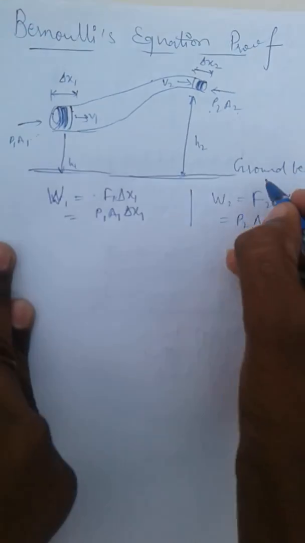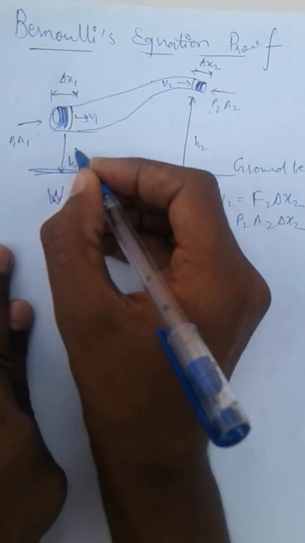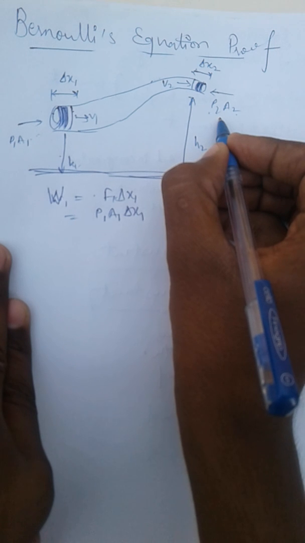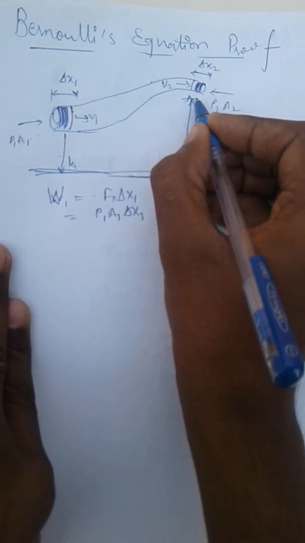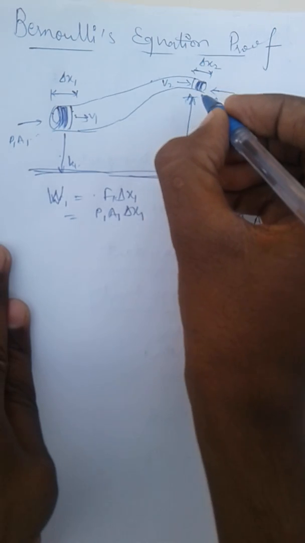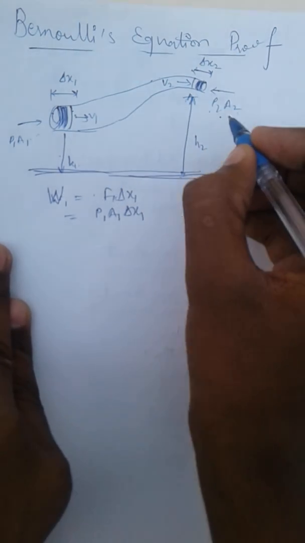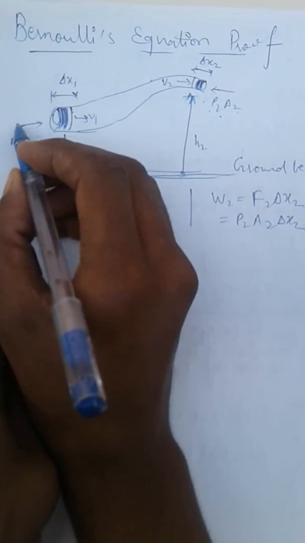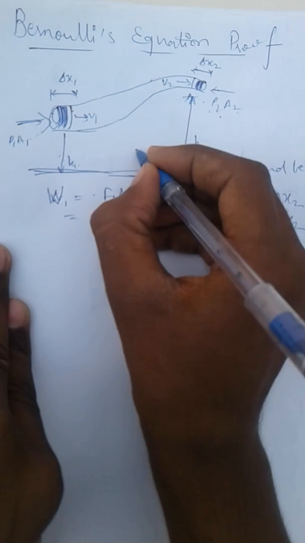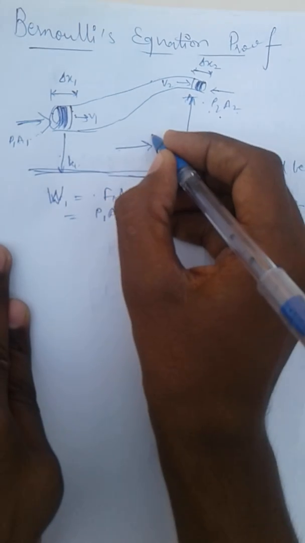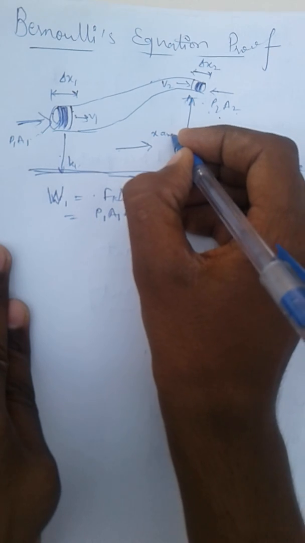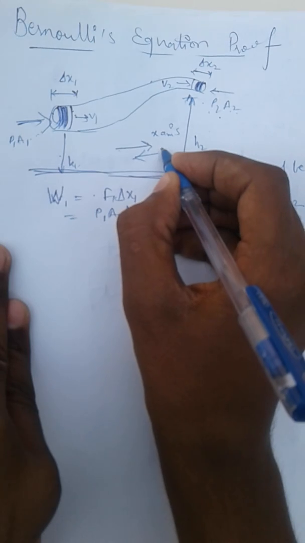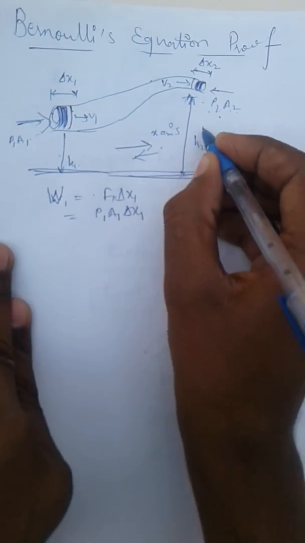Okay, this is the ground level and it is a height. So at the right end of the tube, the work done is negative. The work done on this fluid element is negative because the force on it is in the opposite direction. The force is in this direction along the x-axis, and the force at the right hand is opposite in direction, so this is negative.